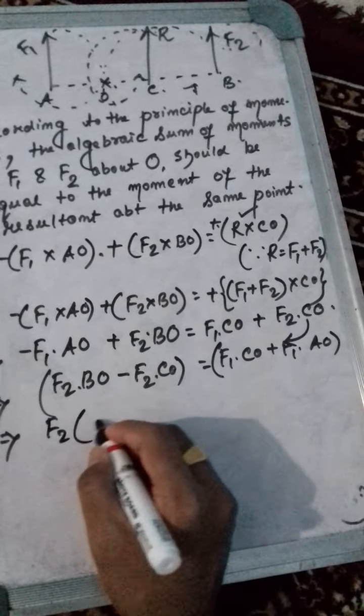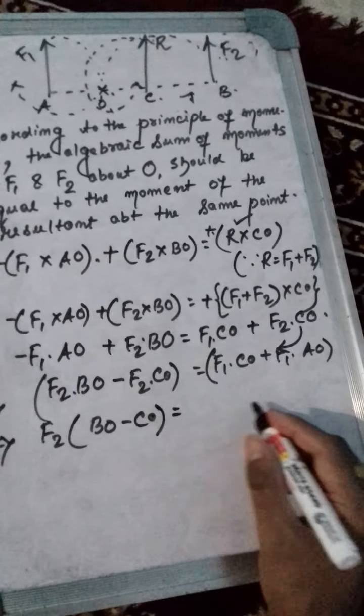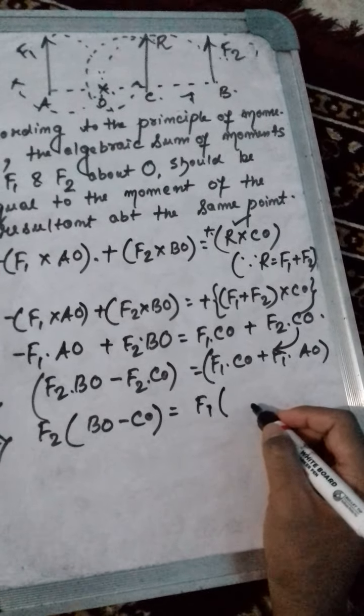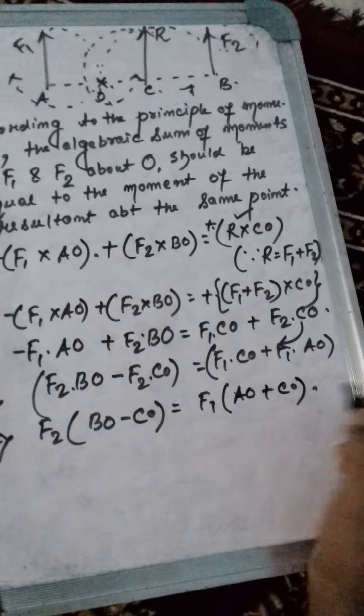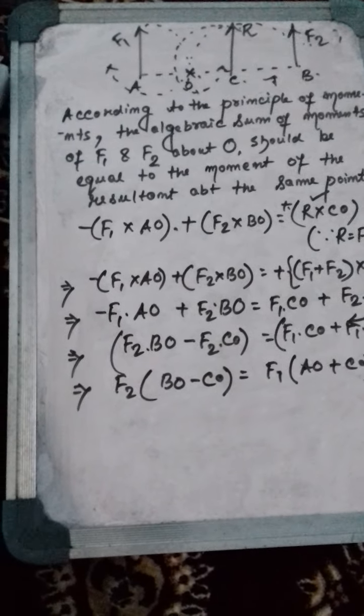Take F2 as common, BO minus CO, equal to F1 common, AO plus CO. I hope up to this it is clear.